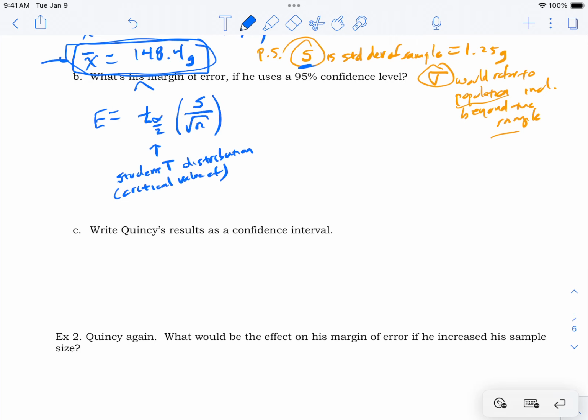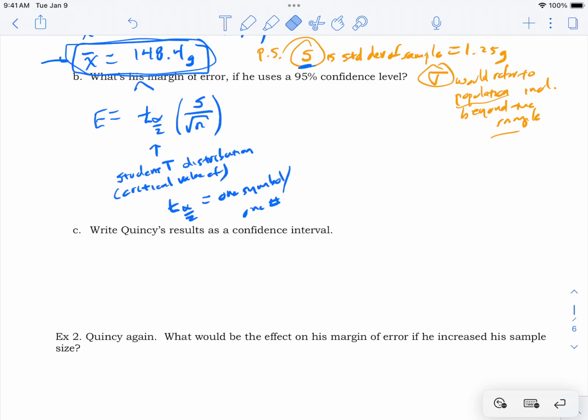So T alpha over 2 is the critical value of the student T distribution. Keep in mind, please, that this is all one symbol, one number. You don't plug alpha in or something weird like that. T alpha over 2 is just a big fancy name for this one number.